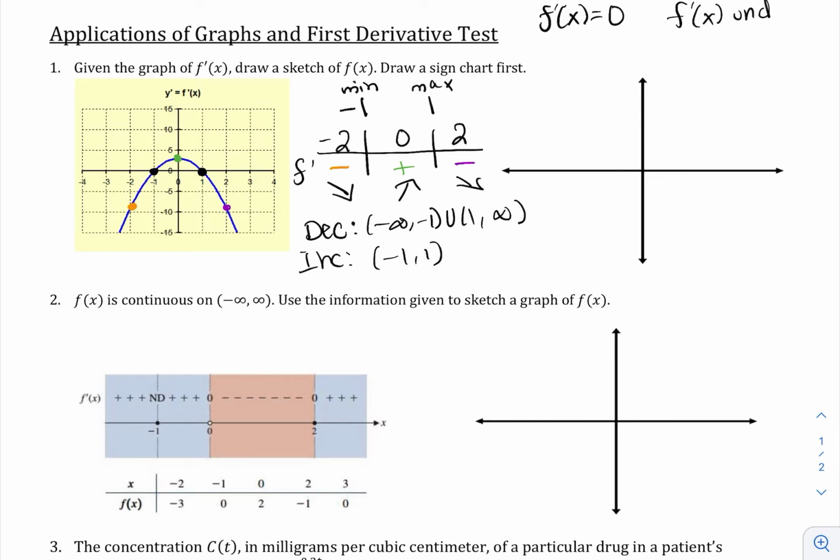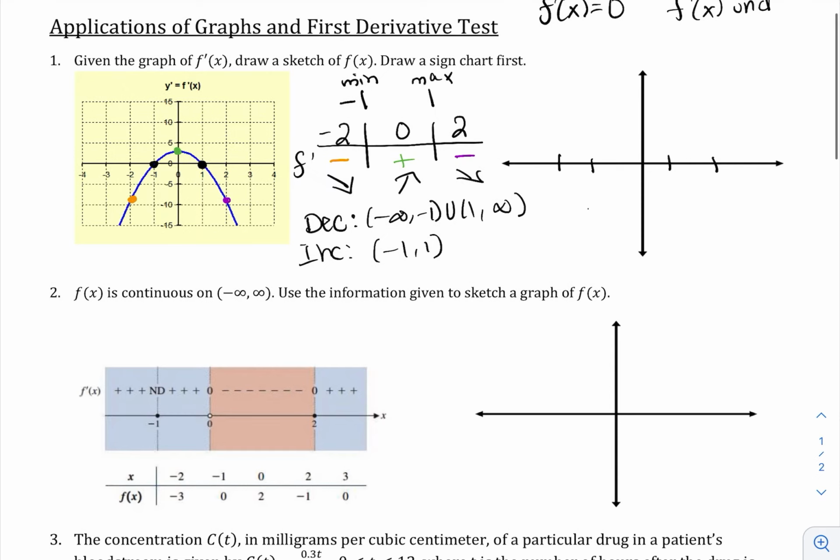Now, it's a possible sketch of f of x because you don't know anything about the y's. You don't have a function given to you, so you can't find the y's. But say, because -1 is a min, I'm going to put it a little bit lower. And because 1 is a max, I'm just going to put it a little bit higher.